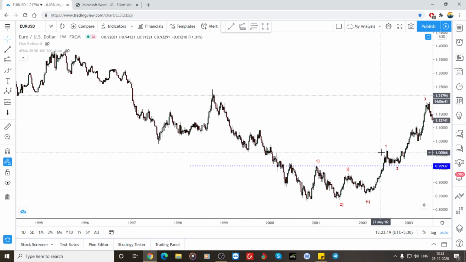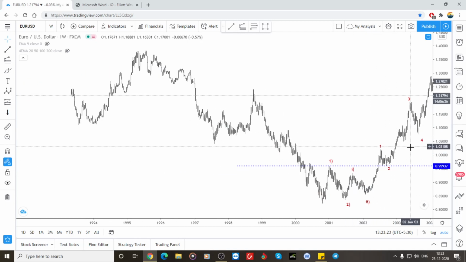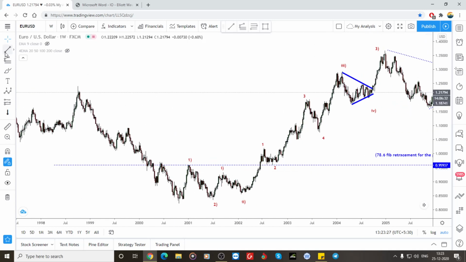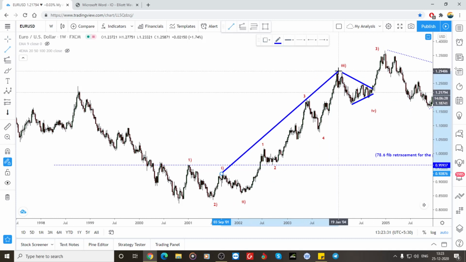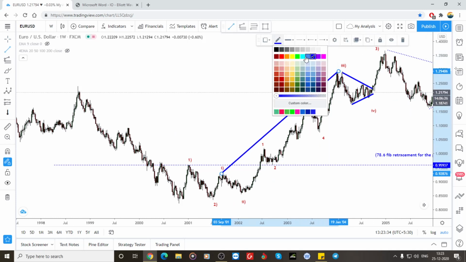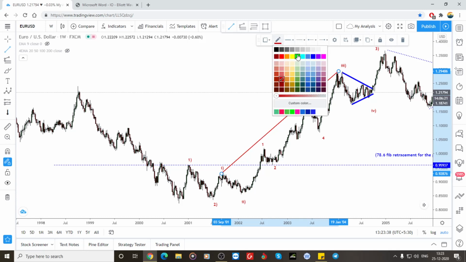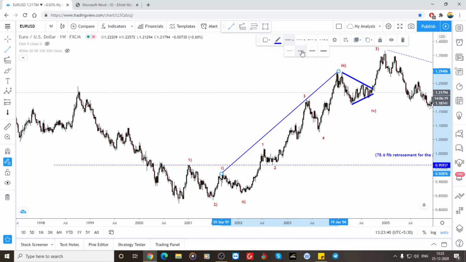So 1 2 3, we can make it as a 4 and 5, but it will be identified only in the channel. So that we will see later onwards. Channel 1 here, for the end of the third, it has to be ended there. We can make it as a blue. So these are all identifications.